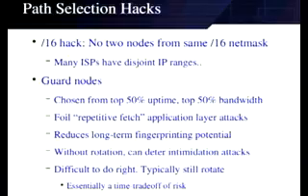So path selection hacks. What sort of things does Tor currently do? The /16 hack is basically the idea that you don't choose, in a single path, any two nodes from the same /16 net mask, so that presumably an ISP that is surveilling their traffic wouldn't be able to do these correlations.